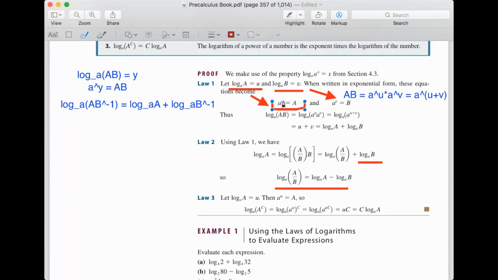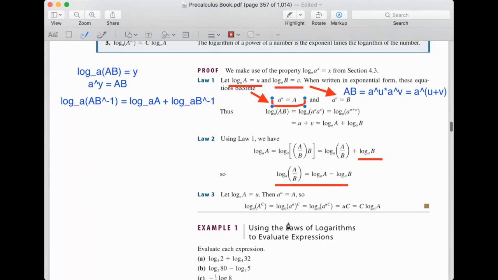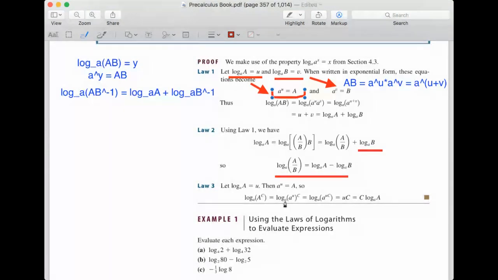So let's write a in terms of a raised by u. So we have log base a of a raised by u, right? Now we have the base is a, this is a, right? a raised by u, then raised by c again, we multiply u and c. We'll have a raised by u and c.